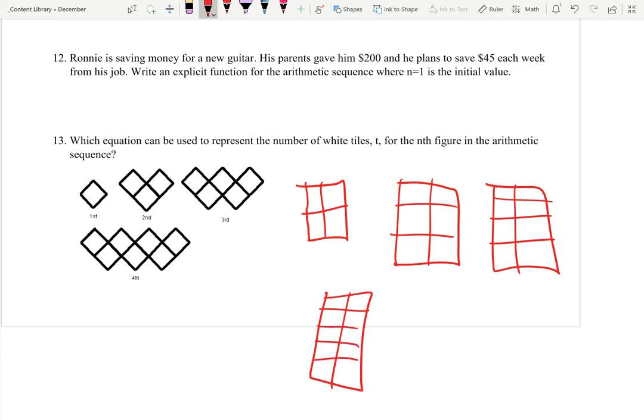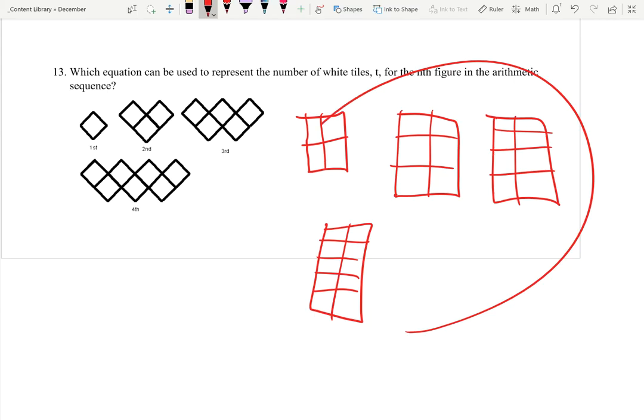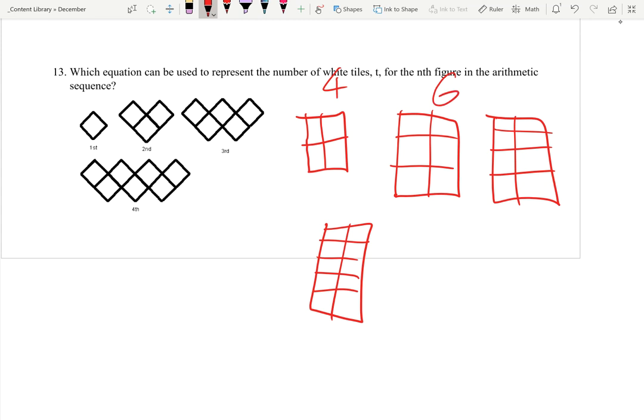This one, right? I see shapes, but just remember, count. Put numbers for these shapes. So if I'm trying to write a sequence, if I'm trying to write an equation for this, right? Let's turn it into numbers. The first one is 4. The second one is 6, because remember, 4 squares, 6 squares. The next one is 8, and this one is 10, right?